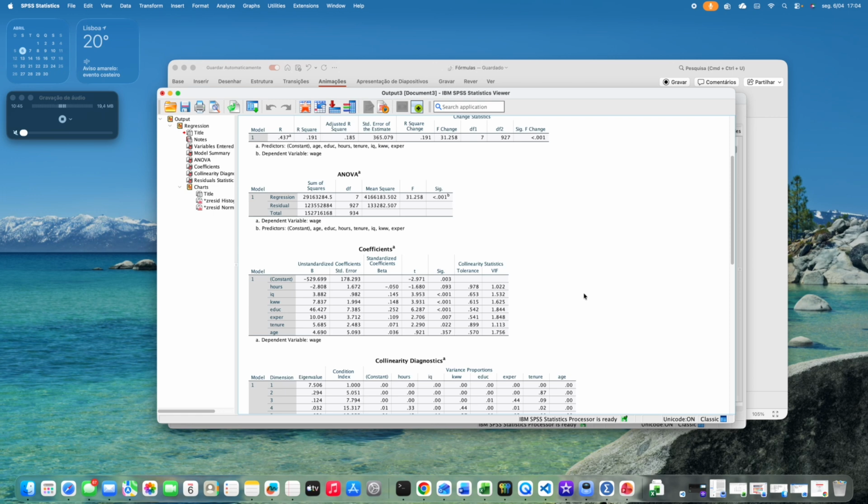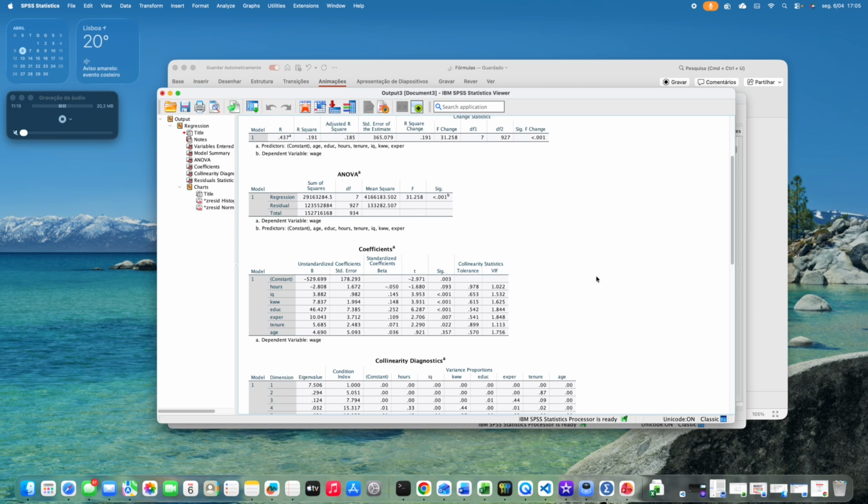And collinearity is the fact that a variable is a linear function of other or some of the other variables. So tolerance is 1 minus the R squared of an additional regression, in which we run a regression of one of the independent variables on all the other independent variables.